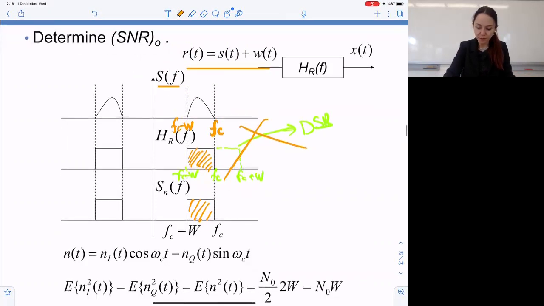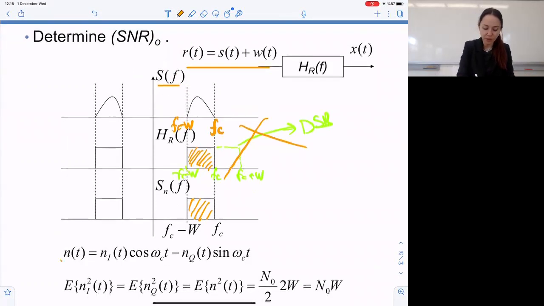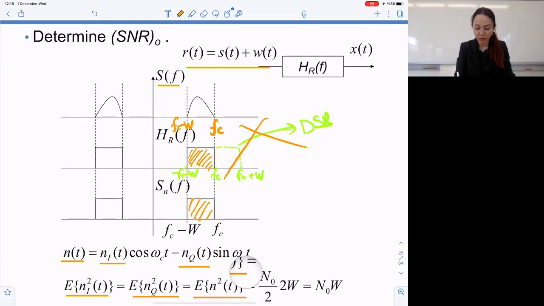So let's consider this filtered noise as a bandpass signal with its in-phase and quadrature components. Again, by the theory that we reviewed earlier, the in-phase component and the quadrature component both have power equal to the noise power itself.